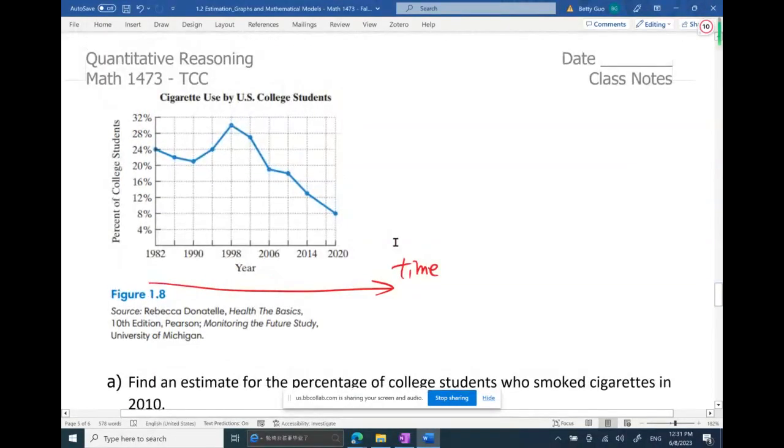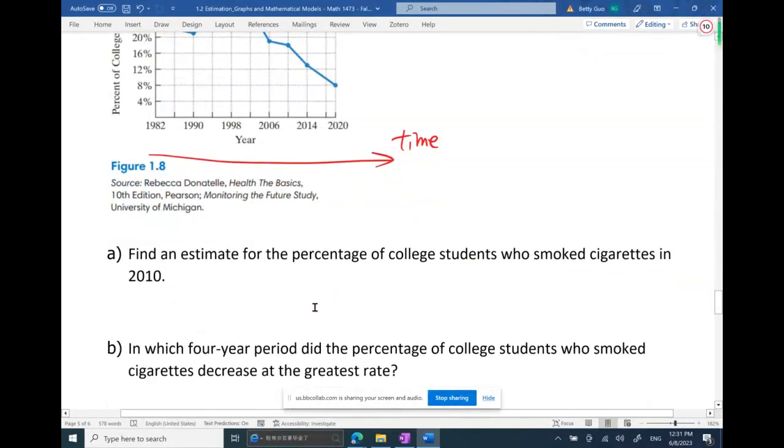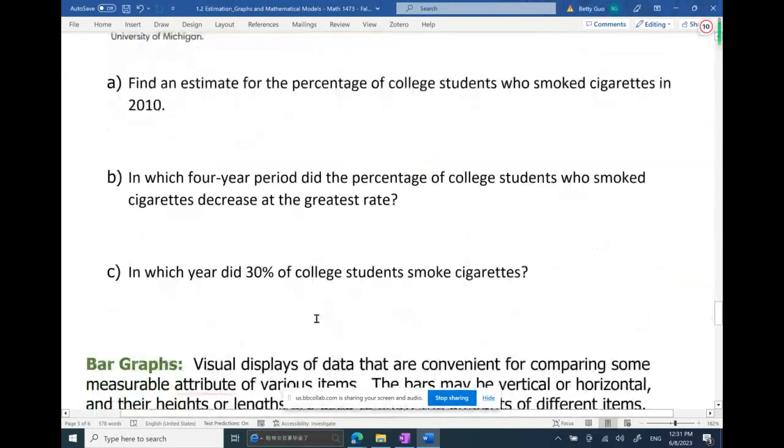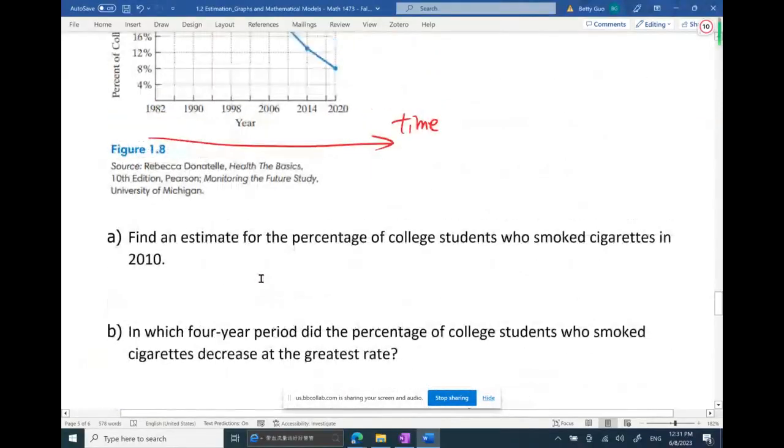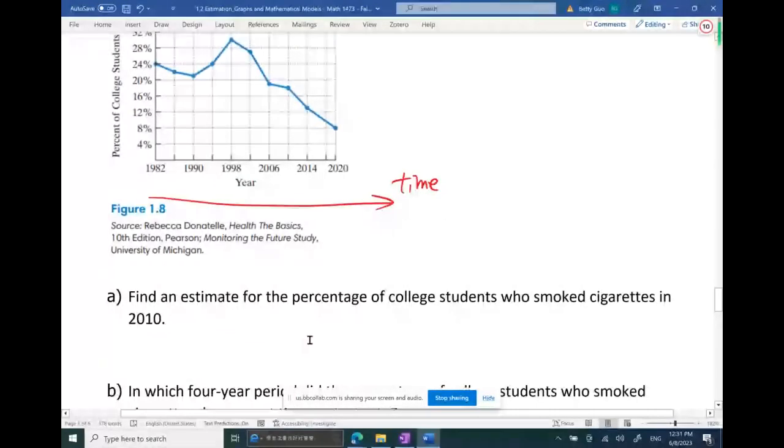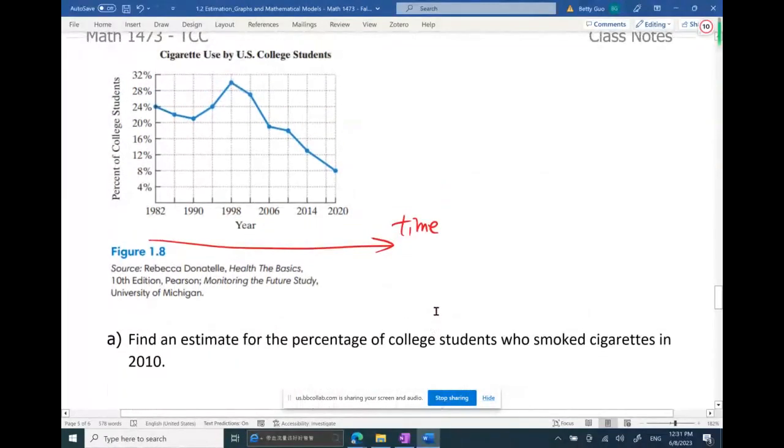When we look at a two-dimensional graph, you must at least look at the horizontal scale and the vertical scale. Understand what's going on in the graph, what information you can have. Now let's answer the 3 parts. Part A, find an estimate for the percentage of college students who smoked cigarettes in 2010.